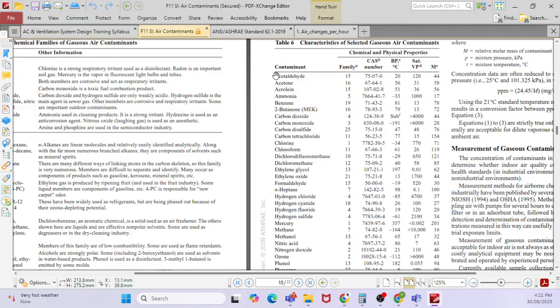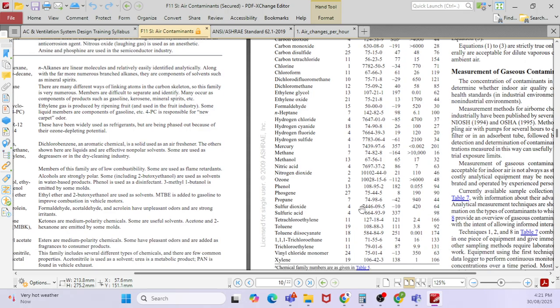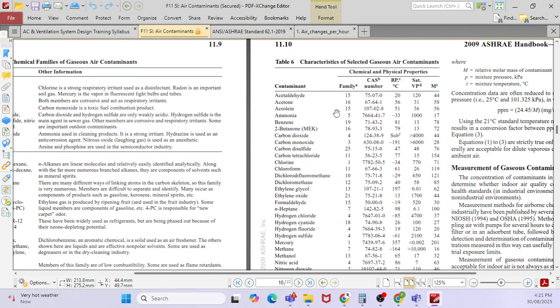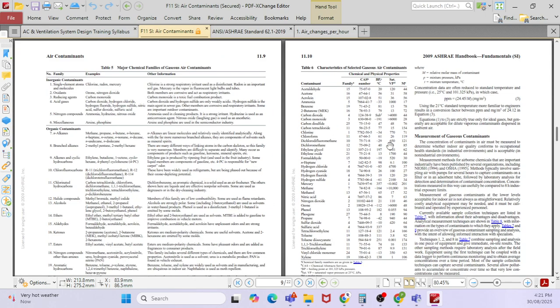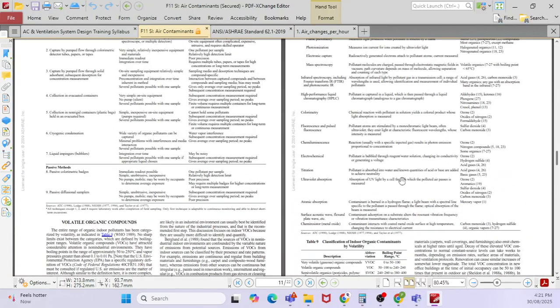There are different contaminants, like different gases: carbon monoxide, carbon dioxide, which we normally have in our homes. Then you have different types of gases. We will have that much contamination inside, so we are going to remove the contamination from the space by providing fresh air.